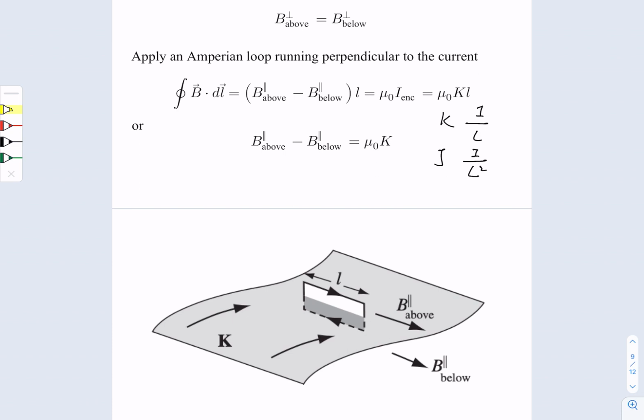Now if you apply this loop, you will immediately see that the B field above the surface and the B field below the surface, the difference of the two must be mu naught K. So for the B field, it's continuous in the perpendicular direction, but it's discontinuous in the parallel direction.